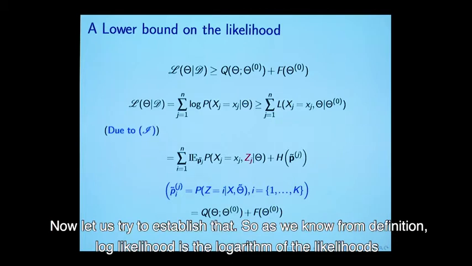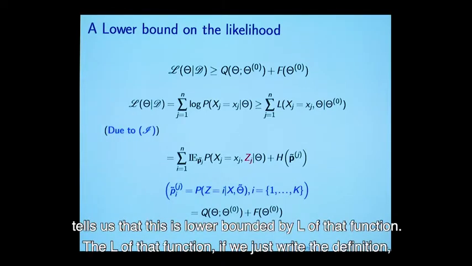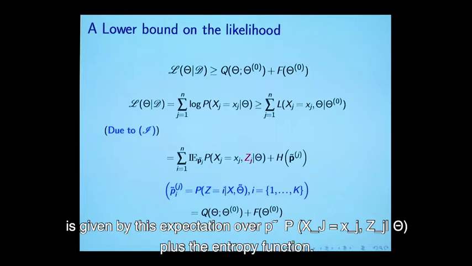Now, let us try to establish that. As we know from the definition, the log likelihood is the logarithm of the likelihoods of the observed data points. Now, the inequality which we are denoting with script I tells us that this is lower bounded by L of that function. Now, the L of that function, if we just write the definition, is given by this expectation over p tilde of p of x_j, z_j given theta, plus the entropy function.